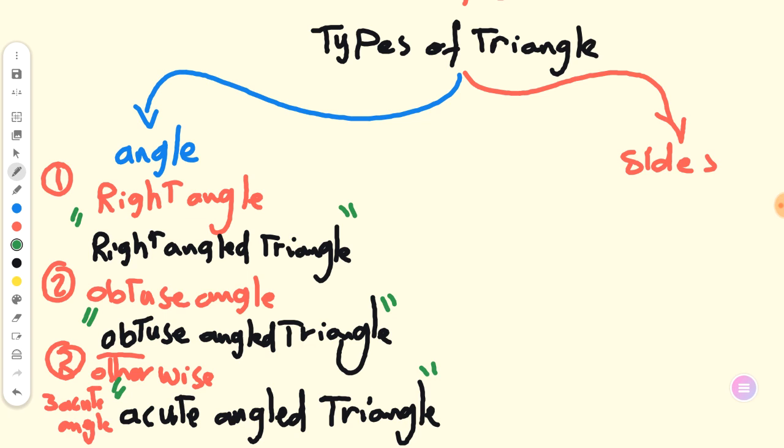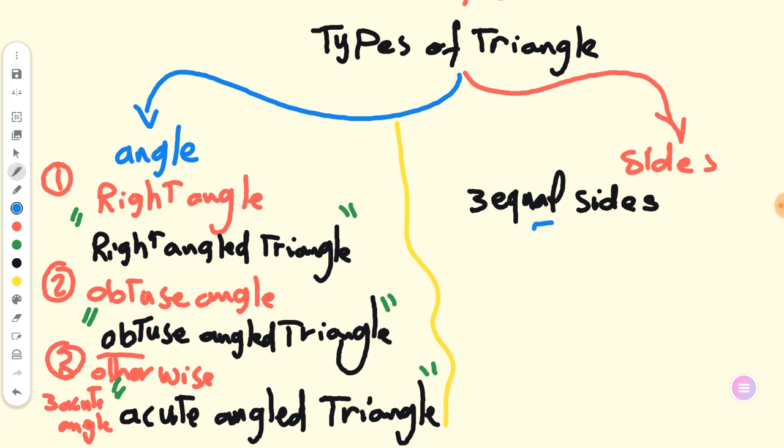What about the side of sides? How do we know the name of the triangle by its sides? If I have three equal sides, all its sides are equal, we call it an equilateral triangle.